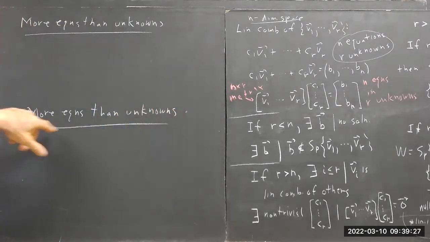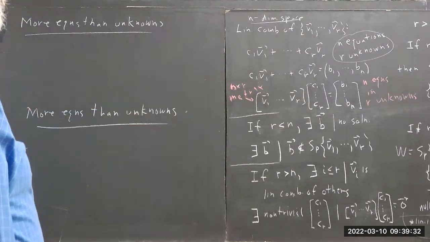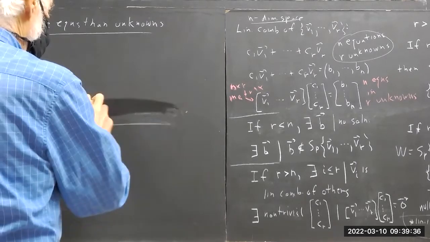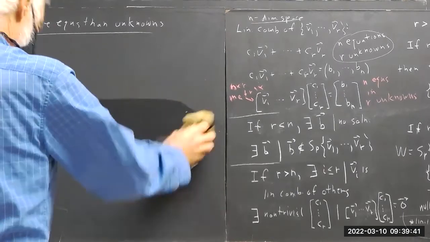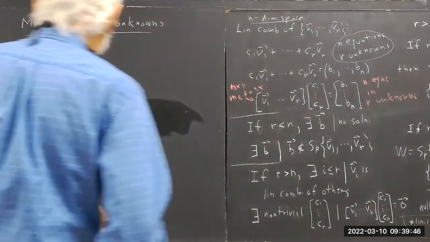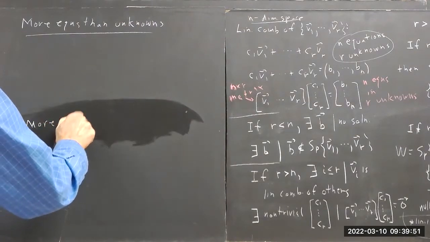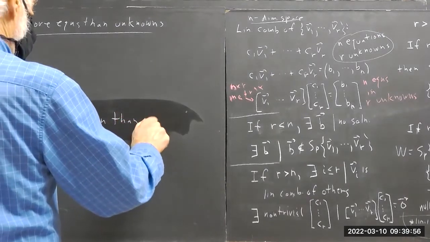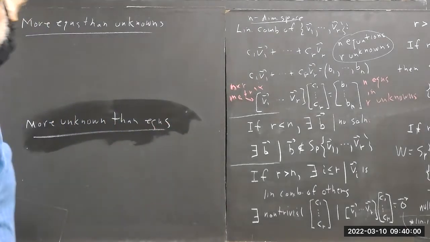Now, if you have more equations than unknowns, that means... I said it wrong. People wanted to write the same thing, but with more unknowns than equations. Well, how many unknowns do you have?